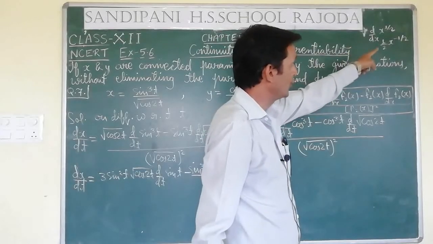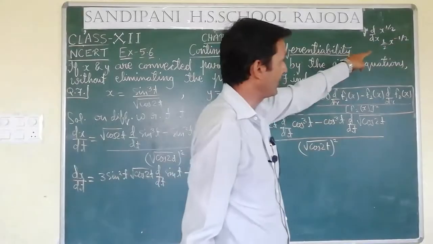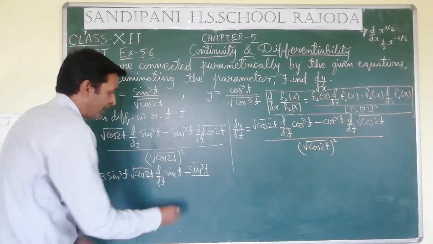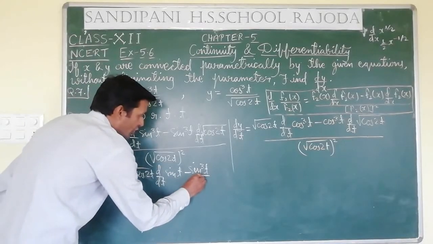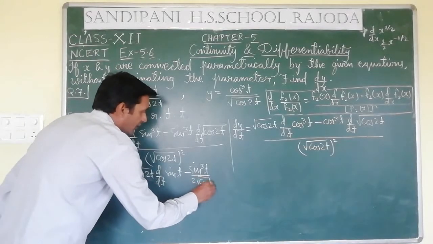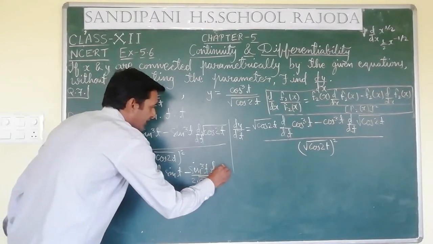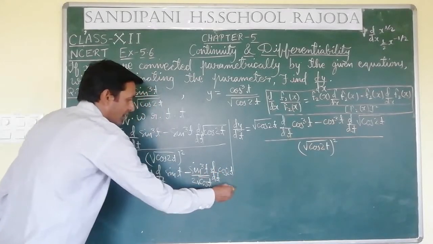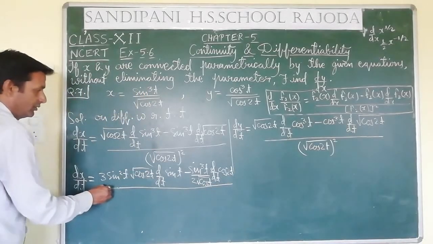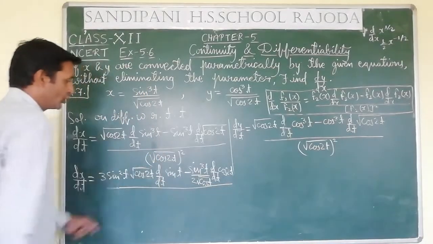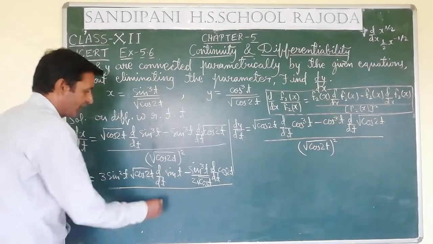That's why we have to write here 1 upon 2 root cos 2t, and then d by dt of cos 2t, again upon root cos 2t whole square, which is cos 2t.